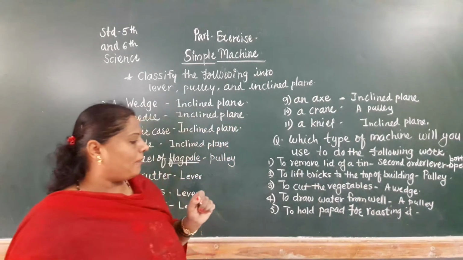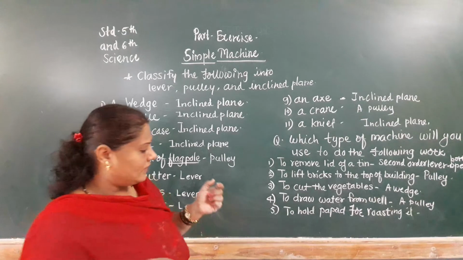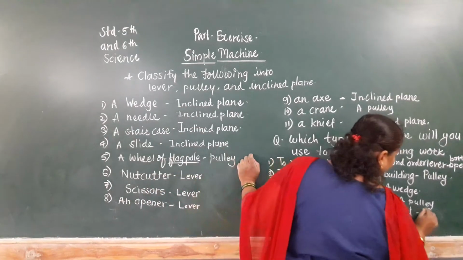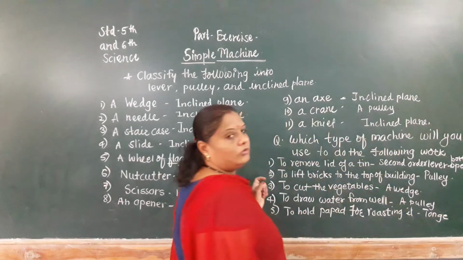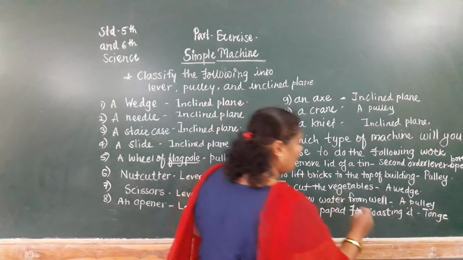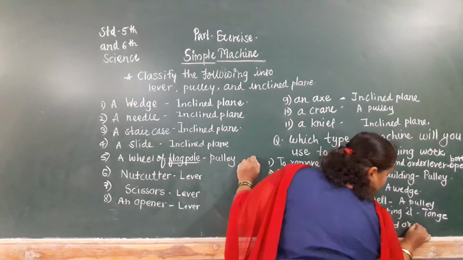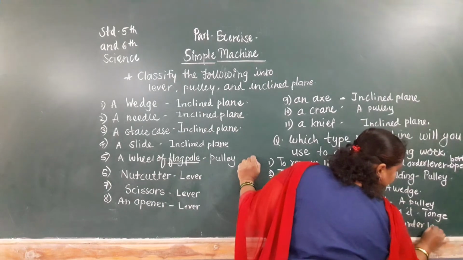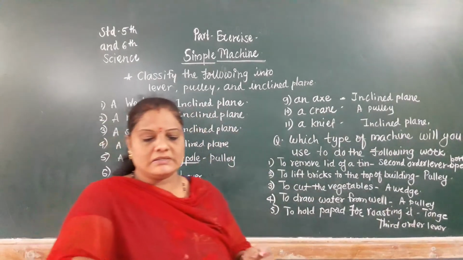To hold the papad for roasting we should use tongs, and it is a third order lever. Okay, in this way we complete these 2 questions.